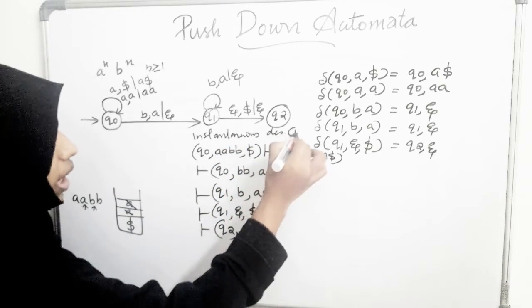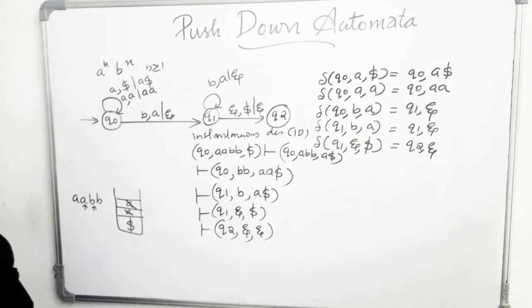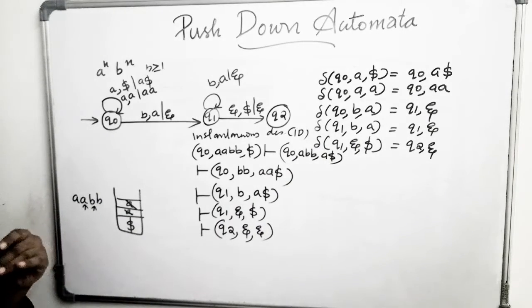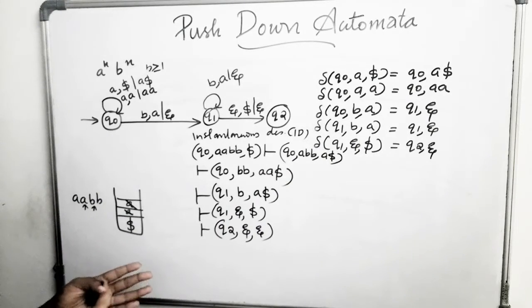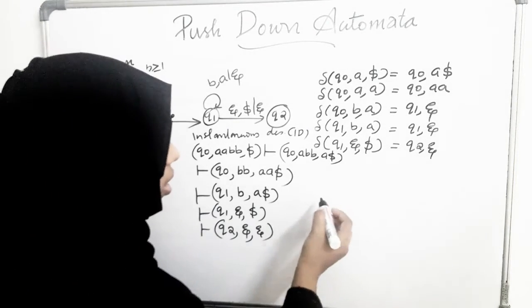Instantaneous description, or ID, of a PDA. As I told, a PDA can accept strings in two ways. Either by final state.